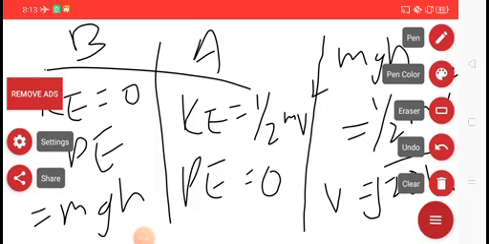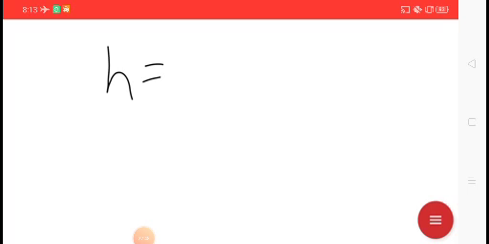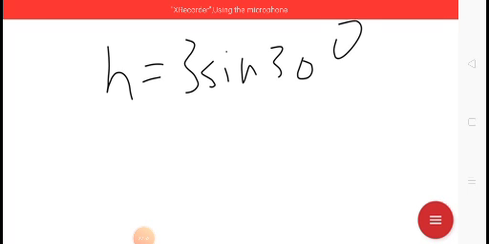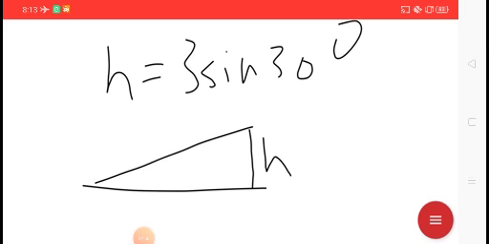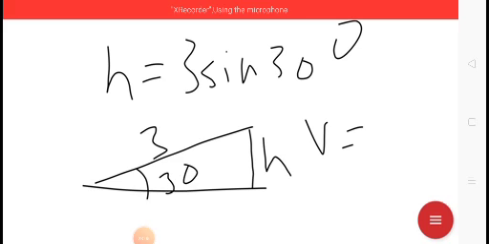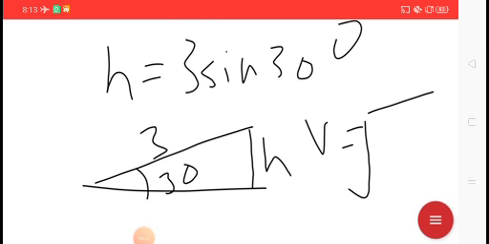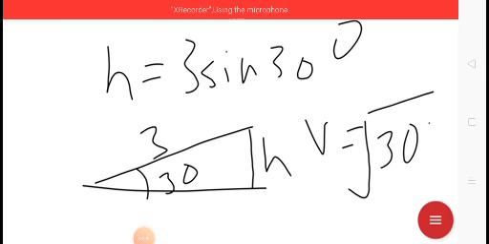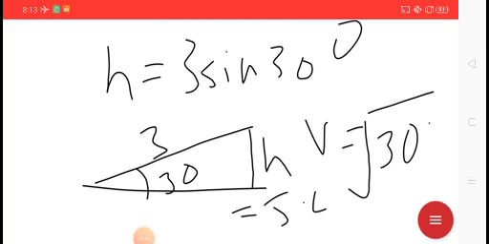So this is the first part. Once you have this, you know that the height is equal to 3 sin 30, right? So your v will be equal to square root of 30, and your v will be equal to 5.48 meters per second for this question 4.